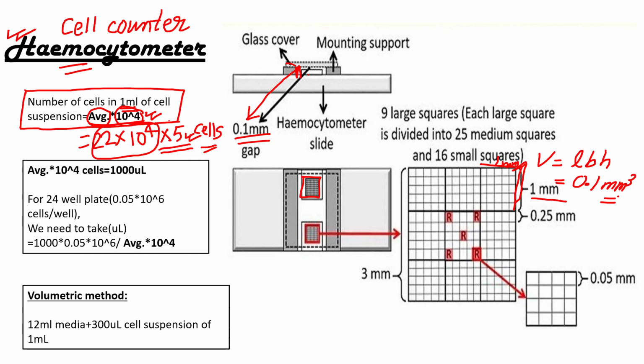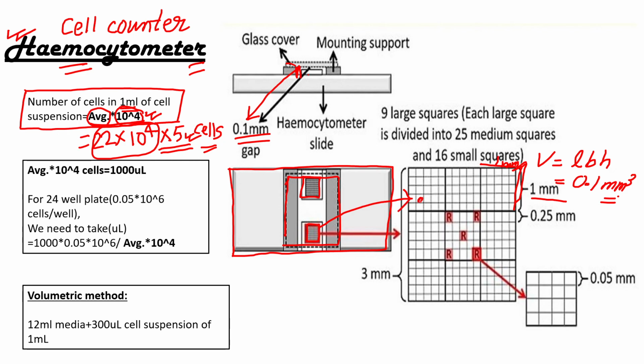I hope I have made you understand the haemocytometer, how to use it, and how we can use it for cell counting. The haemocytometer slide, as I was talking about, has a cover slip over here, as you can see, and it is the structure you observe under the microscope, and you find it like this.